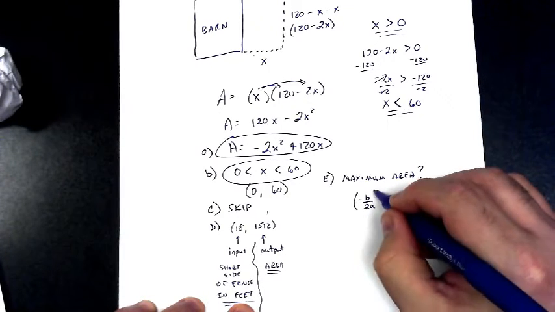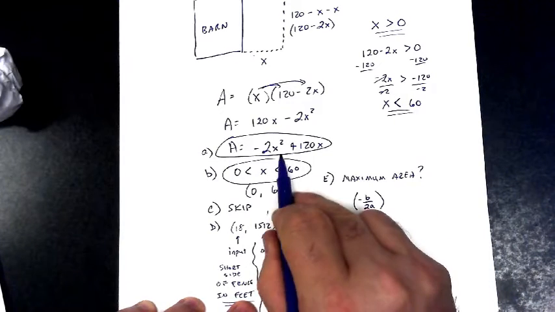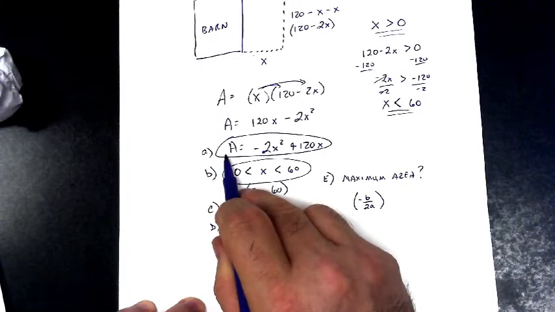That's your x value, and then you would use that x value to plug into this to be able to get the maximum output for your vertex area.